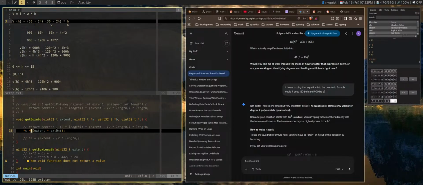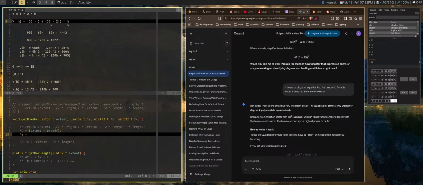And then we know how to solve for A too, because A would be, we still have to ignore h. We can keep the -2. -2 times extent minus -2 times extent. Like that, I think.